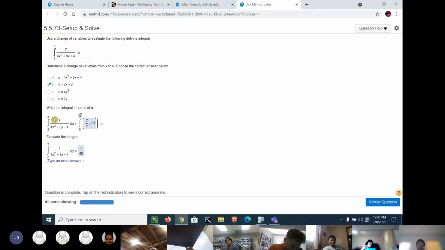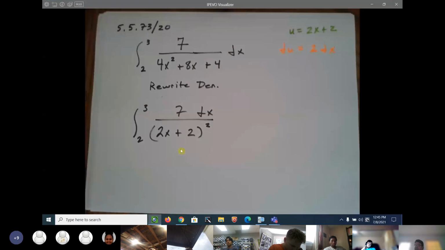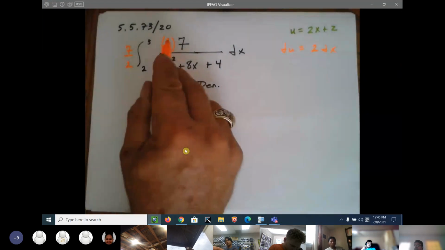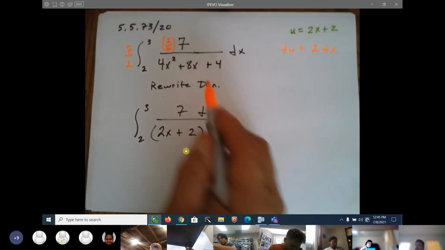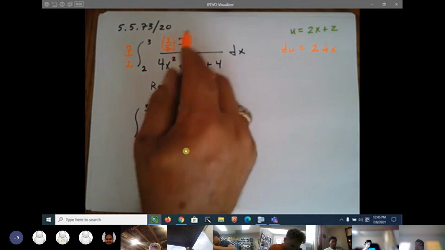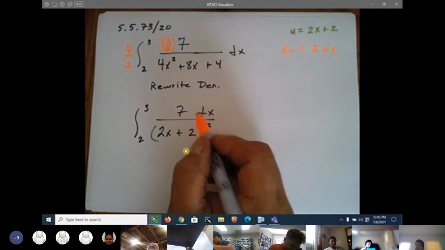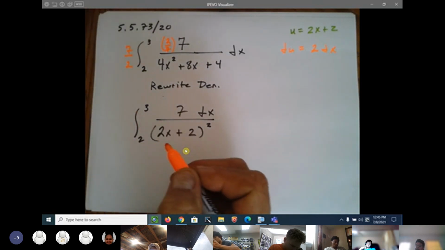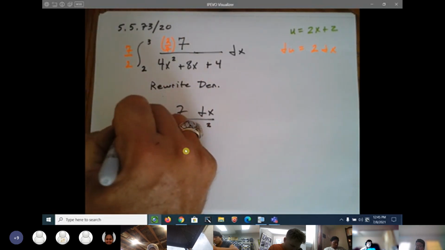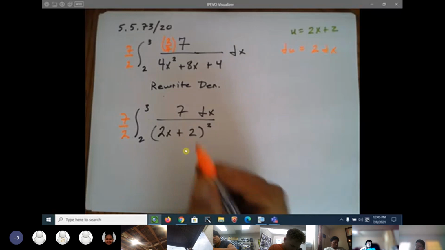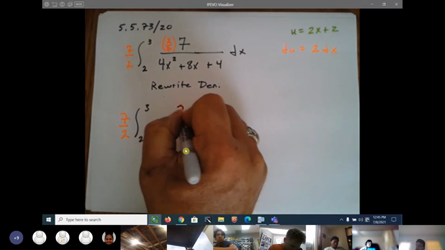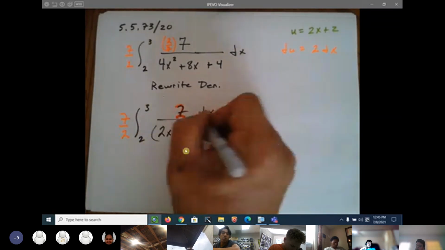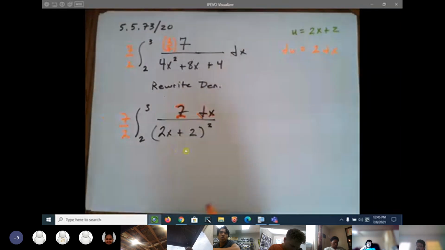That's how they did it. I just saw it. What's 2 over 7 multiplied by 7? That takes it out, makes it a 2. So I multiply by 2 sevenths here, multiply by 7 halves. So that means I'm going to multiply 7 halves right here, and I'm going to get a 2 dx right there.